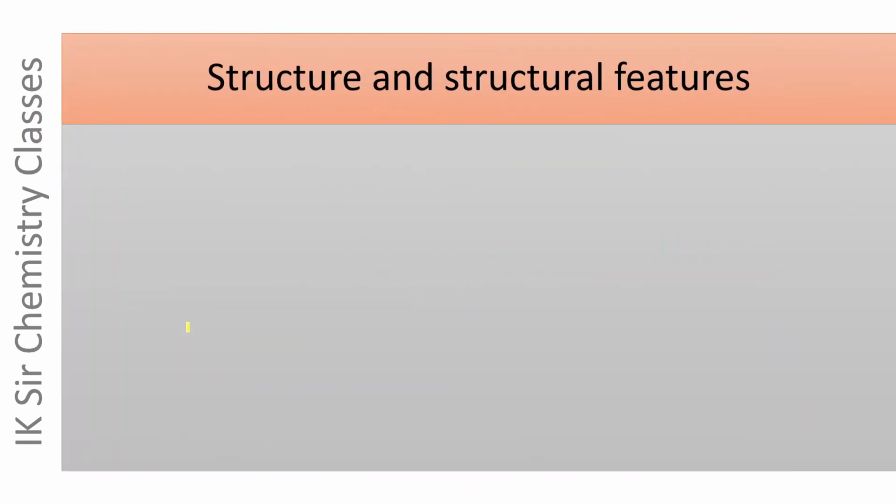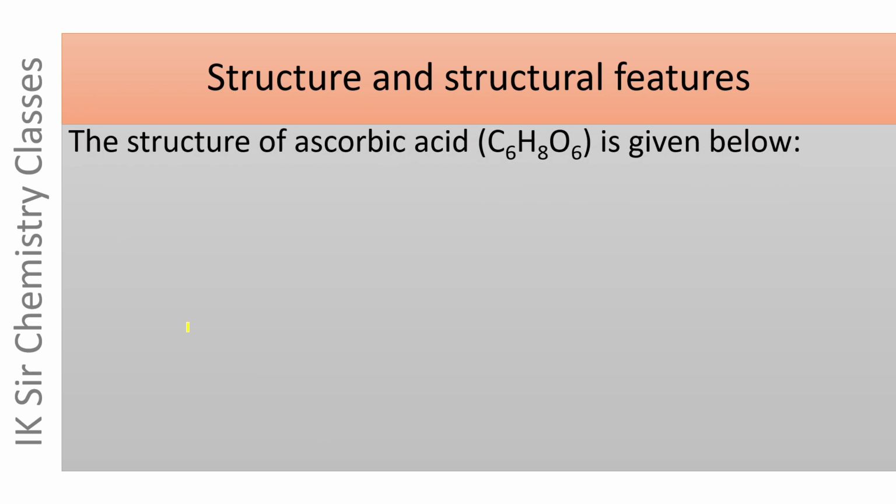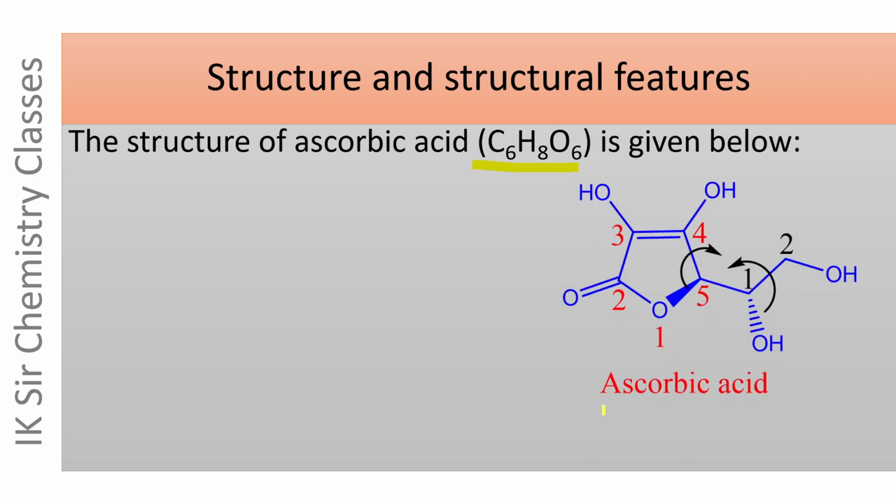Structure and structural features of ascorbic acid. The structure of ascorbic acid, whose molecular formula is C6H8O6, is given below. Its structural features are given below.